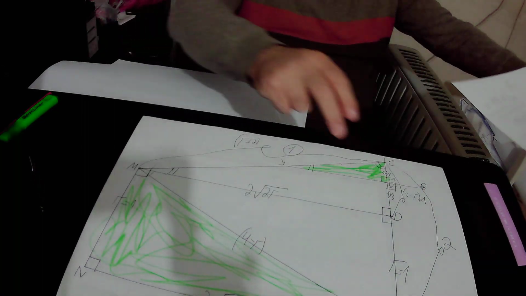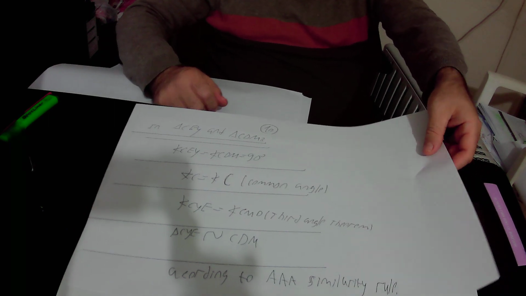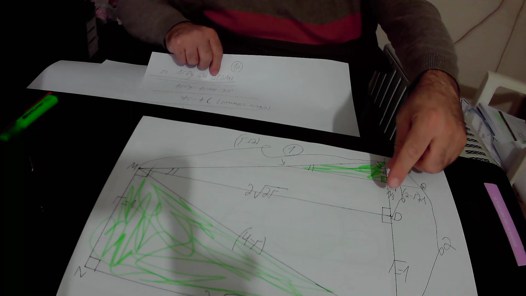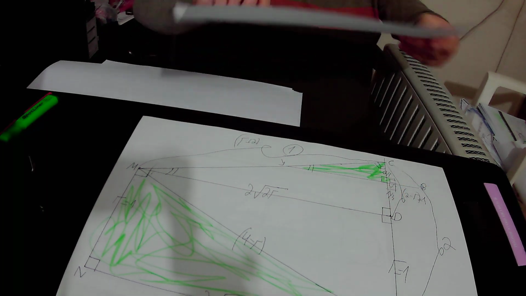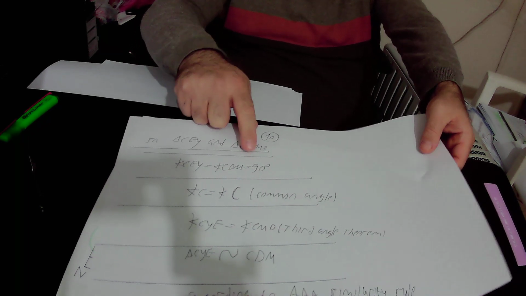And we proved that those two right triangles are similar to each other. Why are they similar to each other? First of all, we know that those two angles are equal to each other, they are both right angles. That is to say, angle CEY equals angle CDM equals 90 degrees.